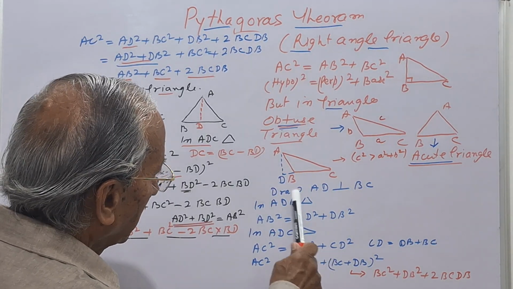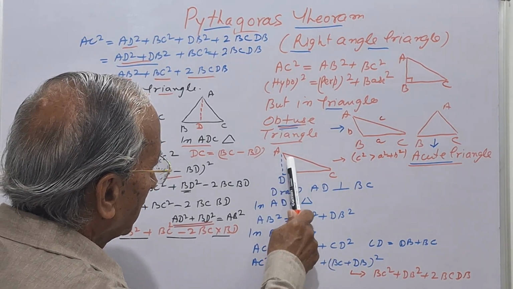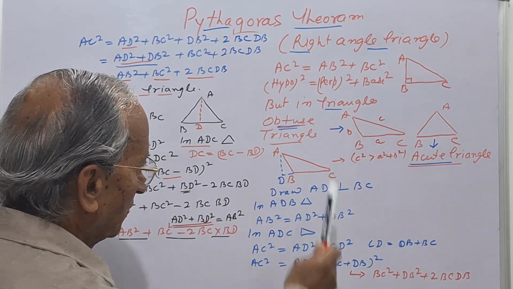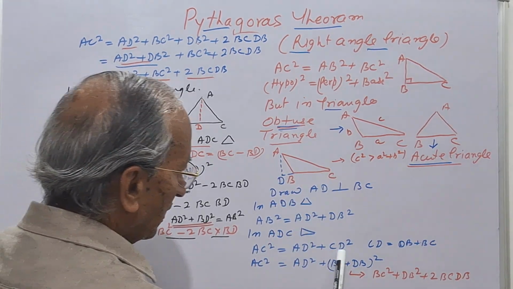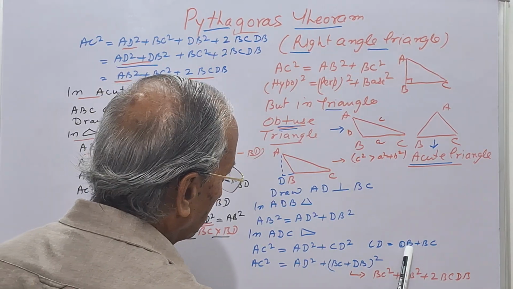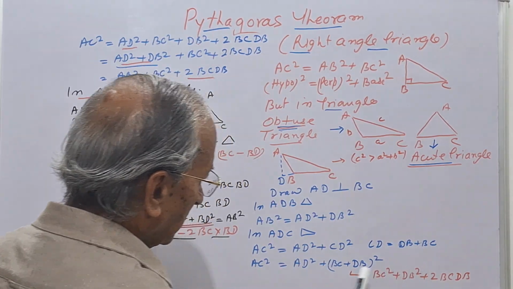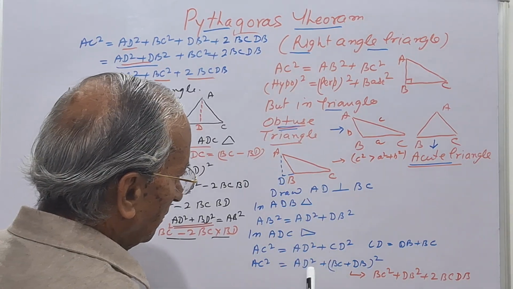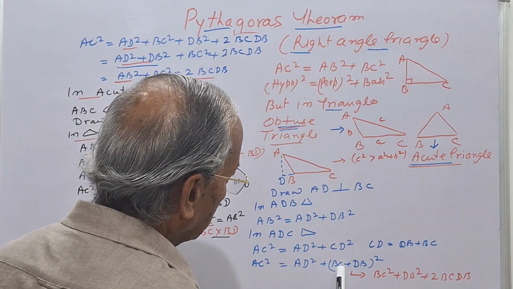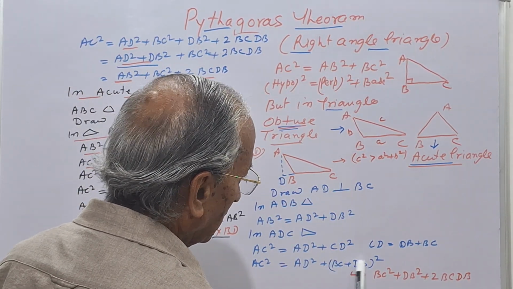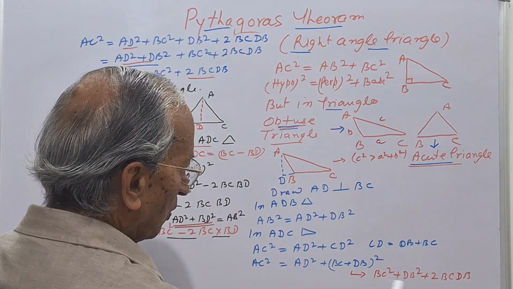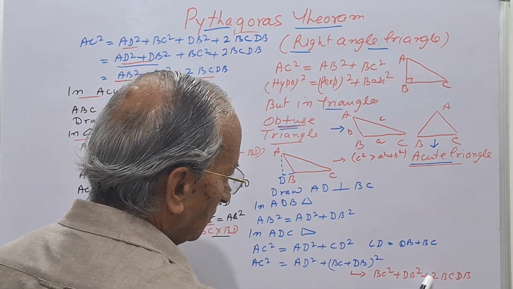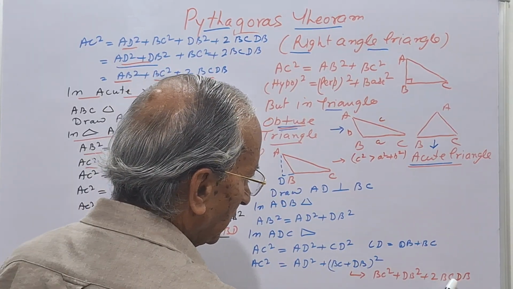Again listen, here DC is equal to DB plus BC, then AC square is equal to AD square plus BC plus DB whole square. And when we open it, it will be BC square plus DB square plus 2 BC into DB.